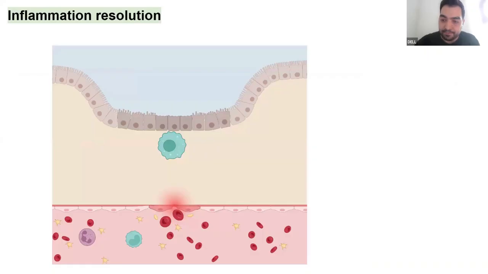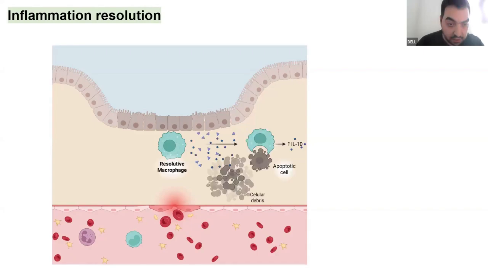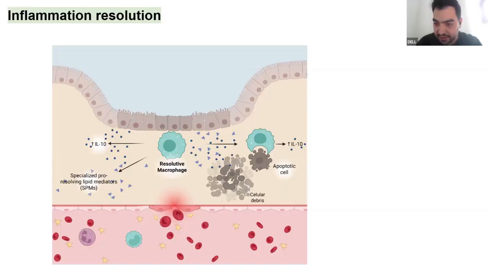Of course, inflammation is necessary and beneficial, but it needs to be tightly regulated in order to avoid tissue damage and chronic inflammation. So the activity of these macrophages needs to be temporarily controlled to avoid the perpetuation of the inflammatory response. So during this resolution of inflammation, macrophages shift toward an effector state, characterized by anti-inflammatory and pro-repair activities, including the secretion of the cytokine IL-10 and the specialized pro-resolving lipid mediators such as lipoxins, maresins, and resolvins.